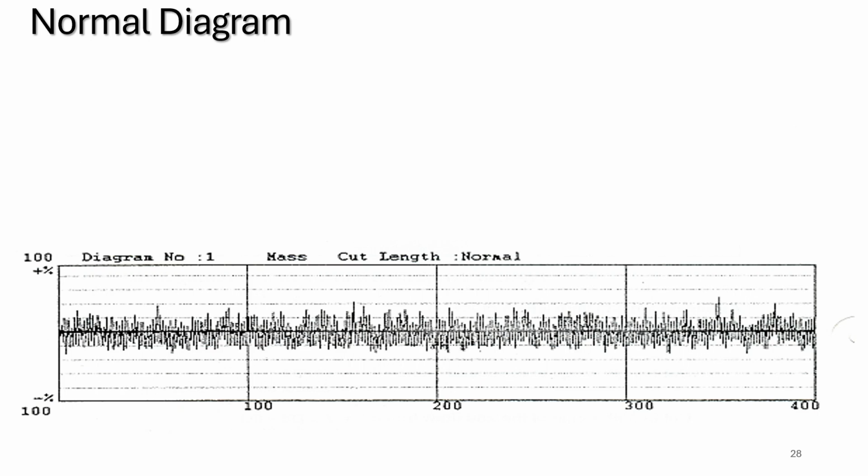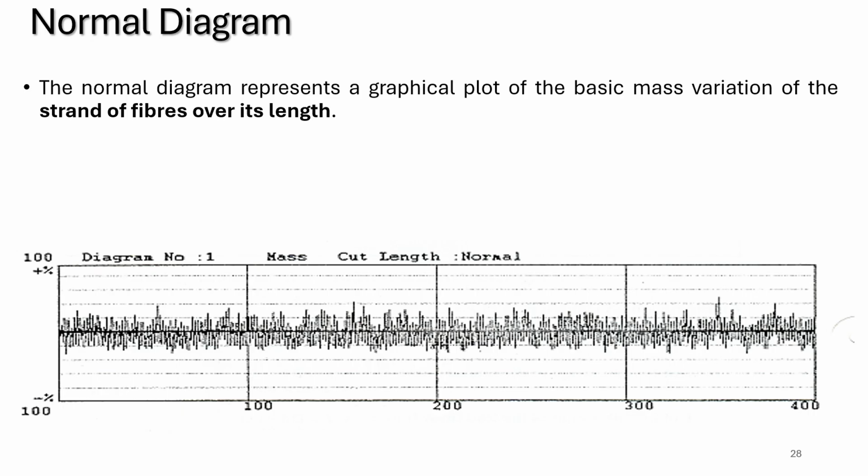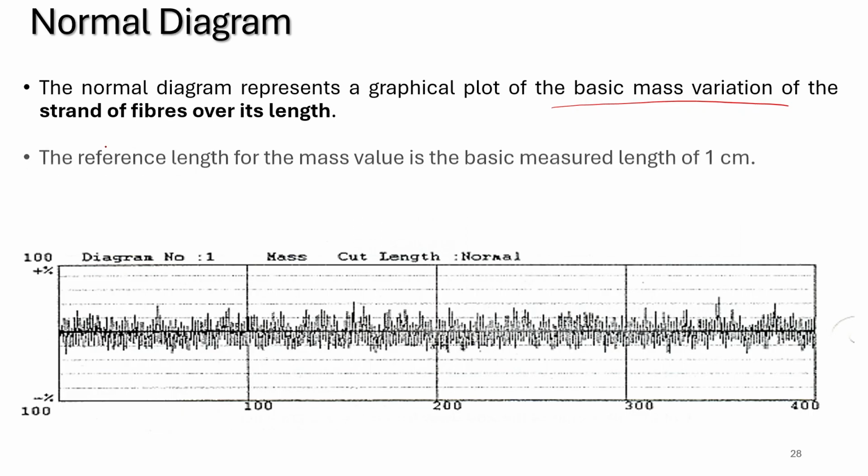The normal diagram is that the normal diagram represents the graphical plot of the basic mass per unit length variation of a strand of fibers over length. This is the normal diagram.